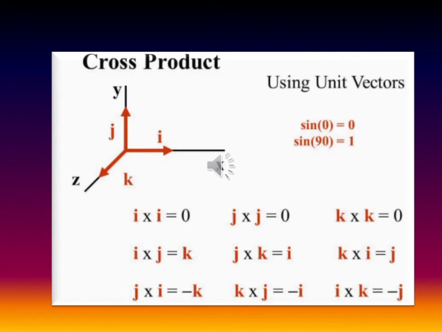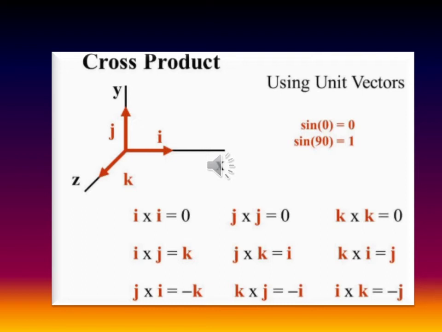Then i cross i, j cross j, k cross k is equal to 0, because the angle between i and i, or j and j, or k and k is equal to 0, and we know that sin 0 is equal to 0, so we will get their cross product is equal to 0 vector.